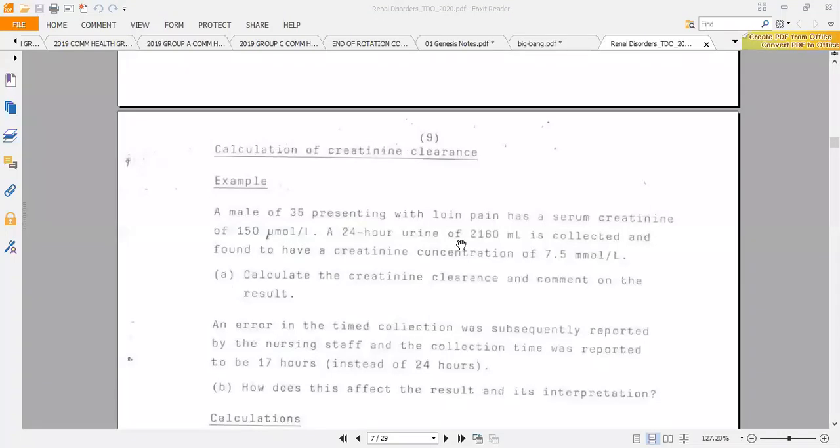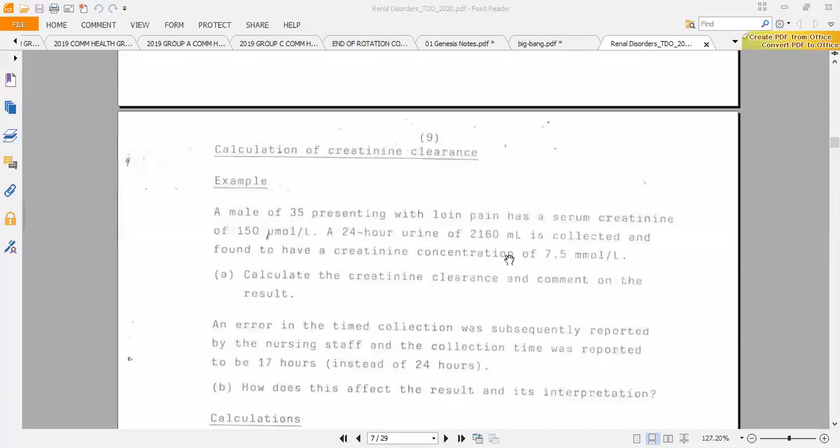Then you took all the urine sample in 24 hours, and this was the volume, 2,160 ml, and the concentration is 7.5 millimoles per liter. If I multiply this volume by this concentration, I'll get the amount of creatinine.